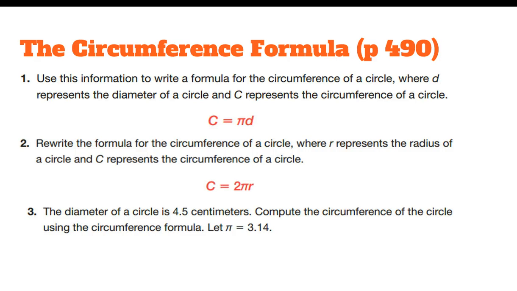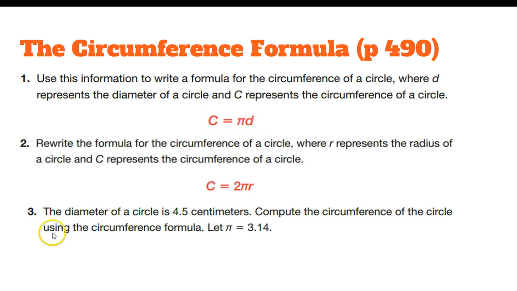So those of you who said, well, the radius is half the diameter, so we're going to have to multiply by 2, you're absolutely correct. If you're going to use radius instead of diameter, you're going to have to say that c is equal to 2 pi r. So that's the number 2 times pi times the radius.